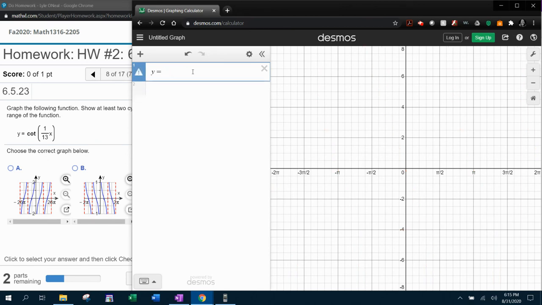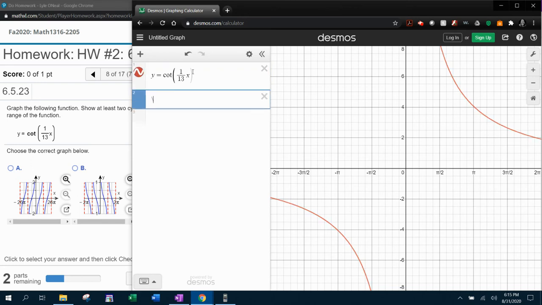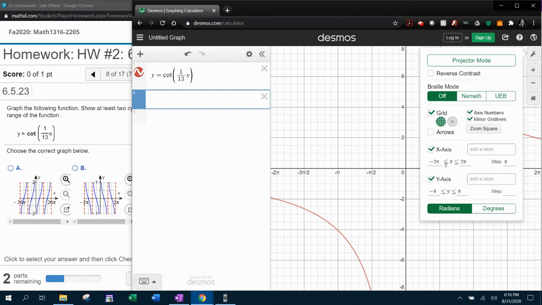So to input this into Desmos, we're going to type in COT. Yes, Desmos can do cotangent. 1 over 13 x. Enter. And then what I'm going to do is I'm going to go to my window settings, and I'm going to change the x-axis to fit what answer choice. What answer choice did I say?